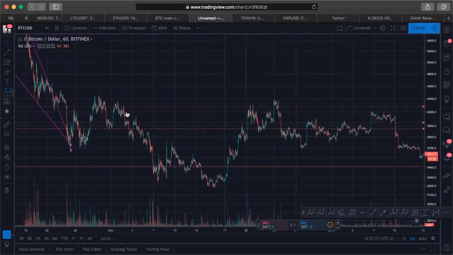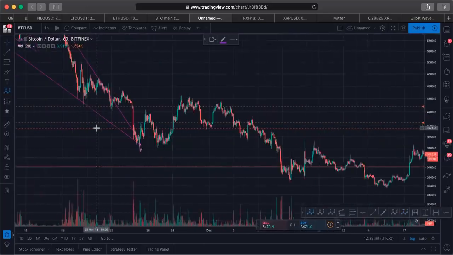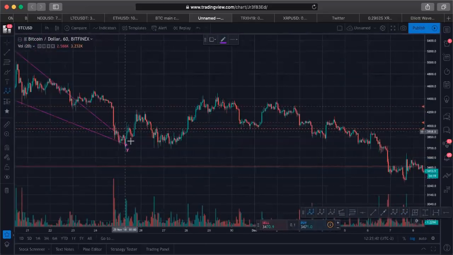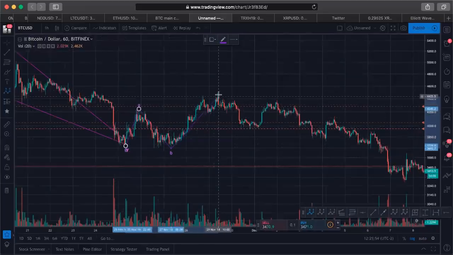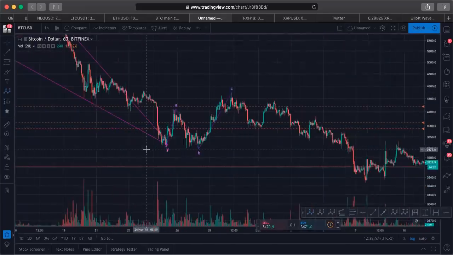Because what I do see is this as an X wave here. So you've got an ABC flat up here. Zoom in. A, 3 waves, B, 3 waves, then C, 1, 2, 3, 4, 5. So A, B, C flat, which is our little X wave in between.